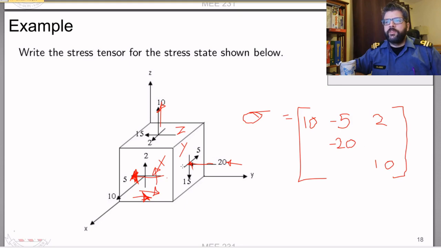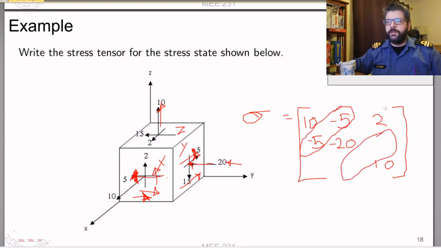Okay, so we've got this shear stress here, that 5. Again, positive y, it's on the front y face. It's pointed away from the positive x direction, so that's a -5. That having been said, I'll talk about this in a second. These values need to be the same. These two need to be the same, and this one needs to be the same. So I'm just going to fill that in there, because again, this matches that.